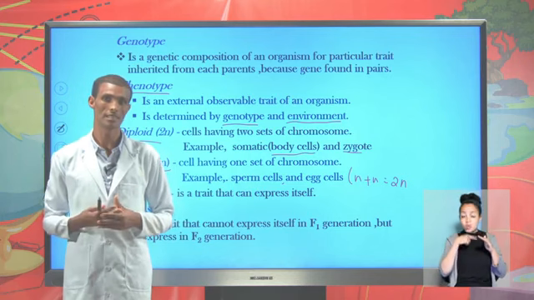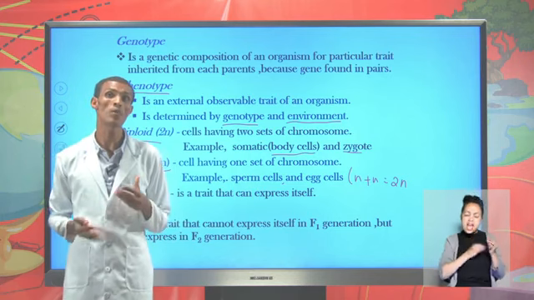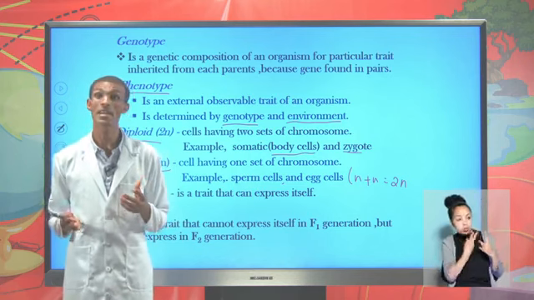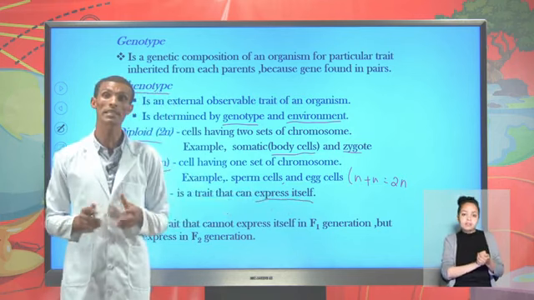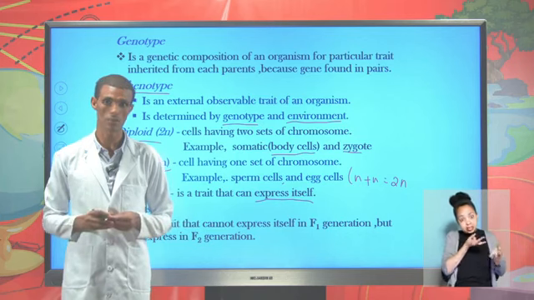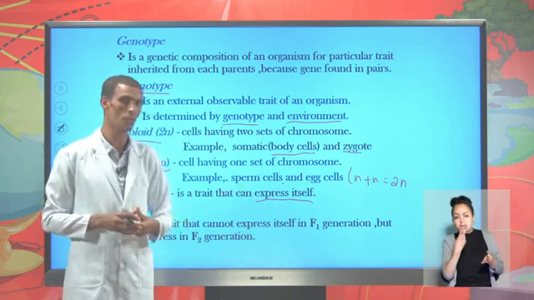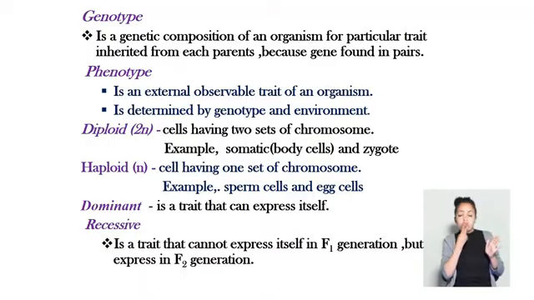The other point is dominant and recessive. When you say dominant, it is externally observable and capable of expressing itself. A trait that can express. We will say later what expression means. When you say recessive, it is a trait that cannot express itself.